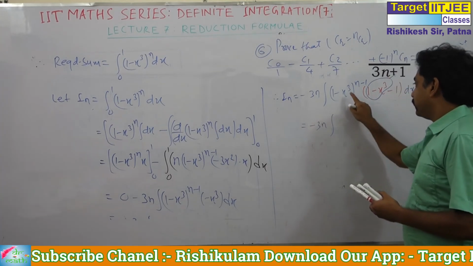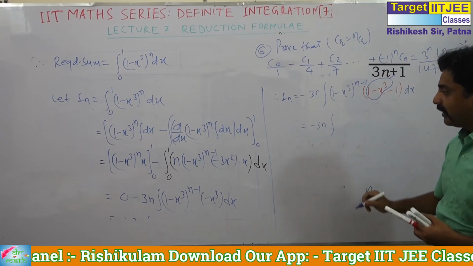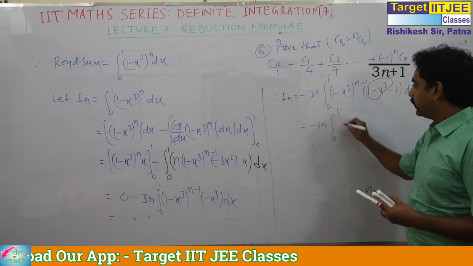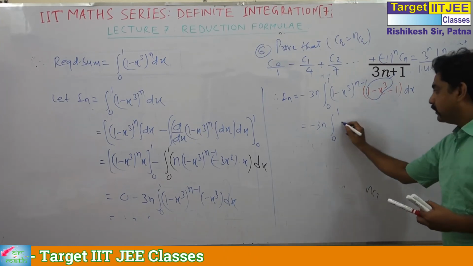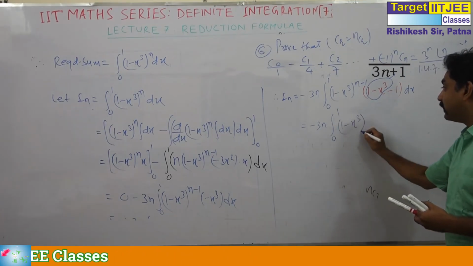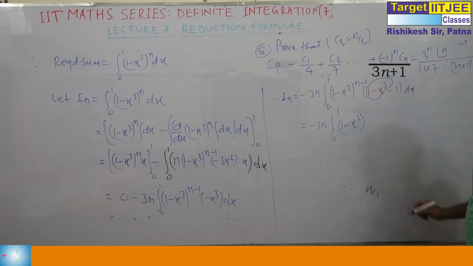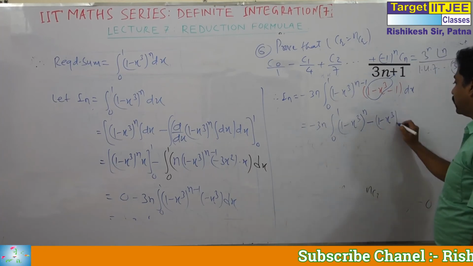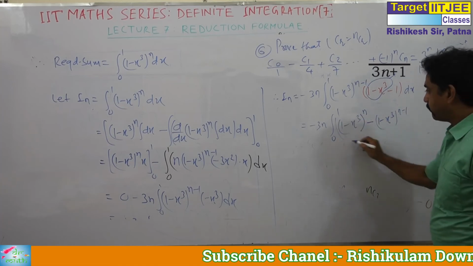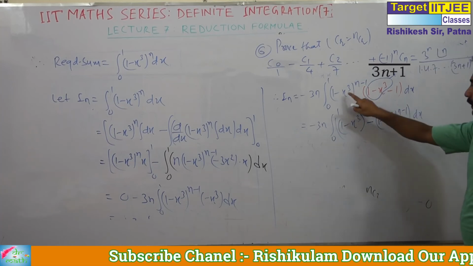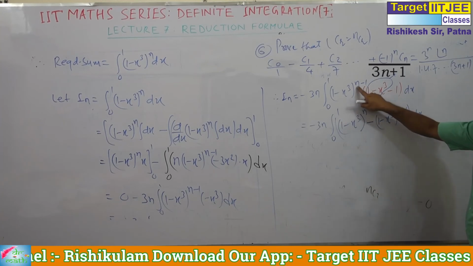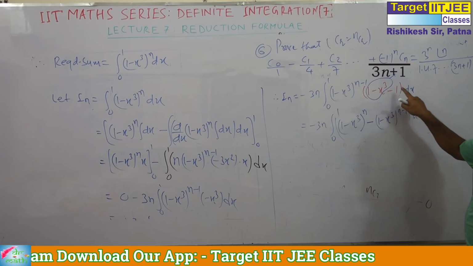Minus 3n, 0 to 1. Multiply this by this. This is (1 minus x cube) to the power n, and this is (1 minus x cube) to the power n minus 1 dx. Multiply this by this, (1 minus x cube), the power will be increased, and then multiply this by this.